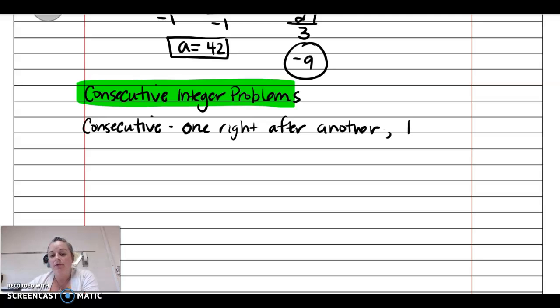They're counting numbers that go in order.